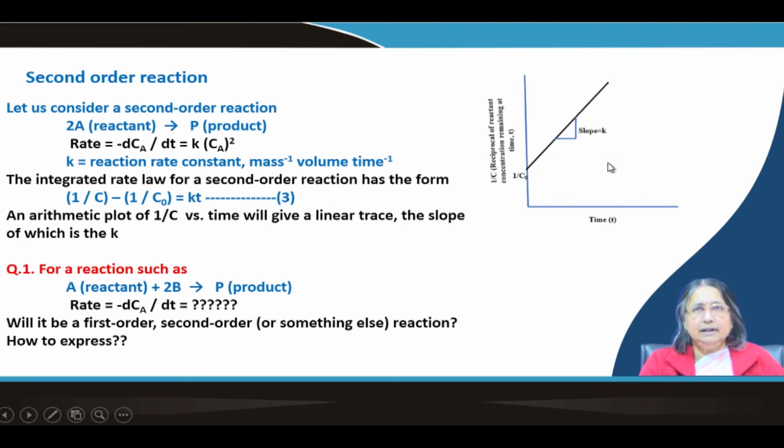In the first order rate you have seen we have to plot ln C or log C versus time to get a linear curve. In case of 0 order, C versus T gives a linear curve. In case of second order reaction, you have to plot 1 by C versus T and you will get a straight line.